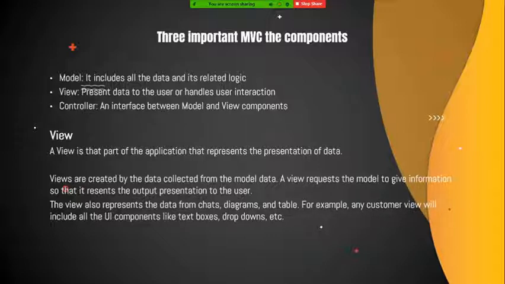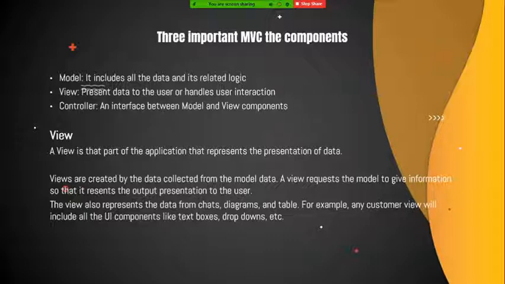So you might be asking, if the view is interacting with the users, then why are you calling the controller the interface? That is the main design of MVC. If you go to a web page, that is your view.